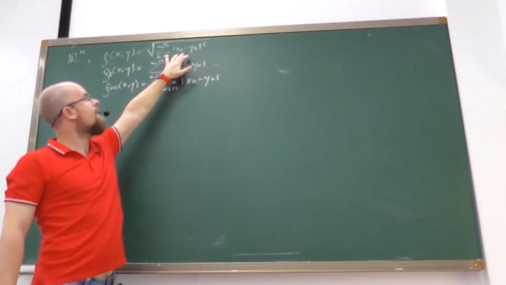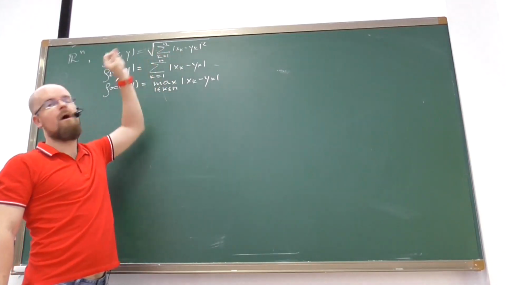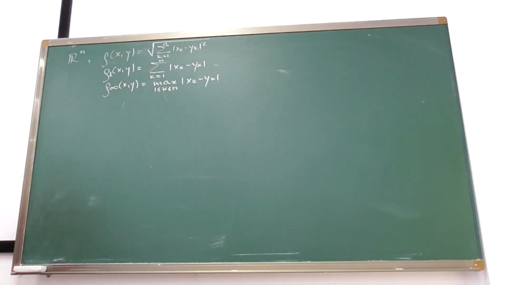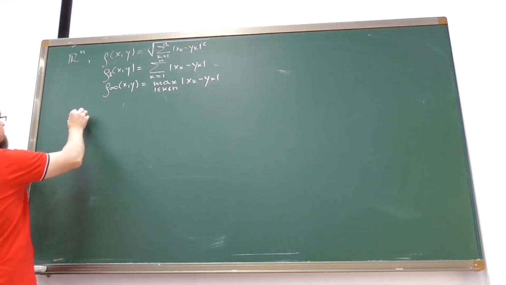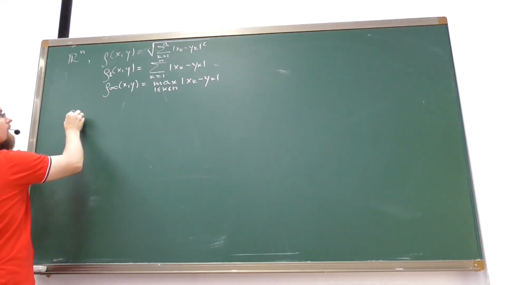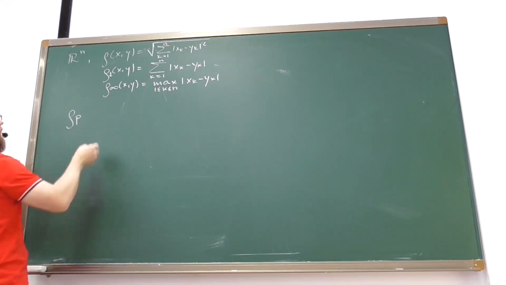Here we square them, then sum them up and take the square root. As you might guess, there is nothing special about this square and the square root. And this kind of metric can be considered for more general index. That is what we are going to do.